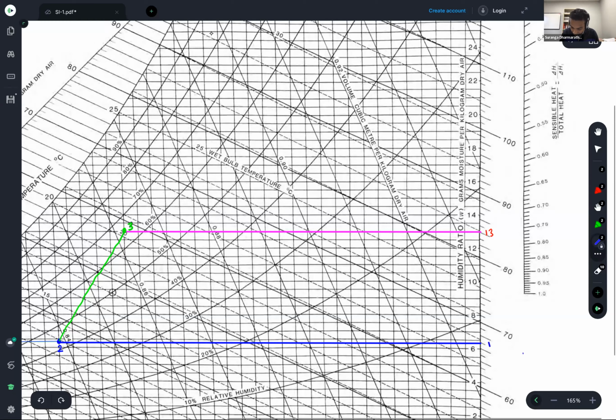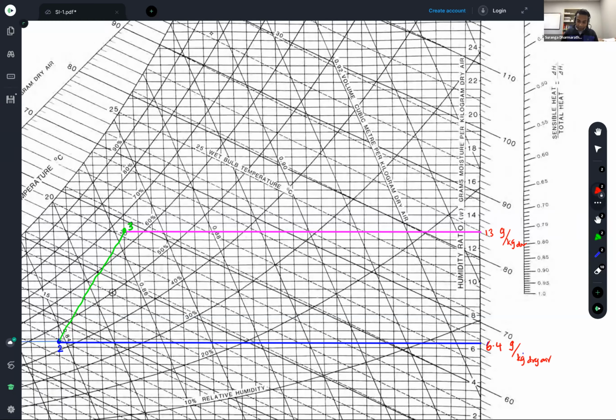Let's say 6.4 grams per kilogram of dry air. So this is also grams per kilogram of dry air. Okay, that's fine, omega 1 and omega 2. So 6.4, 13.